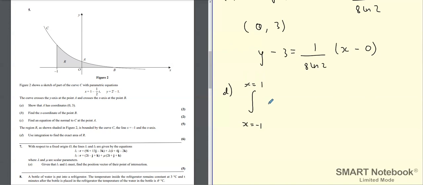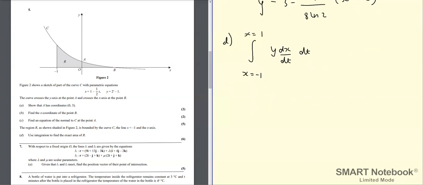But we should remember, for parametric integration, the formula is the integral of y dx by dt. Now, how are we going to do this? These aren't our t limits, but they need to be t limits because we're integrating with respect to t. So how will we do that?